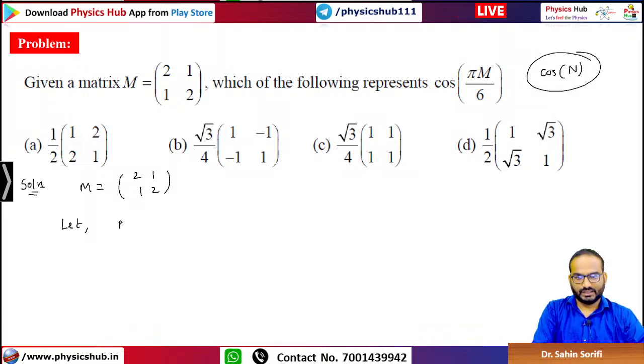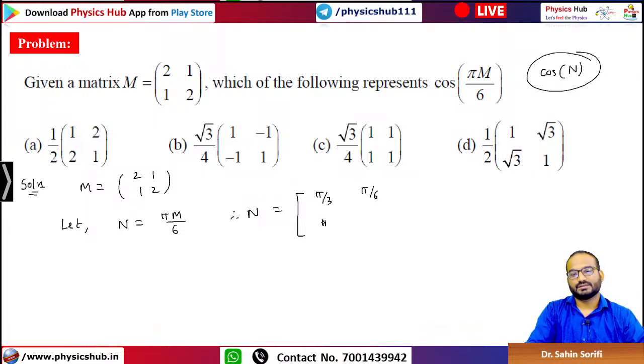We are considering N equals pi M by 6. So ultimately we have to find cos N. So what will be the value of N? N is found by multiplying pi by 6 with each element. So pi by 3, pi by 6, pi by 6, pi by 3.